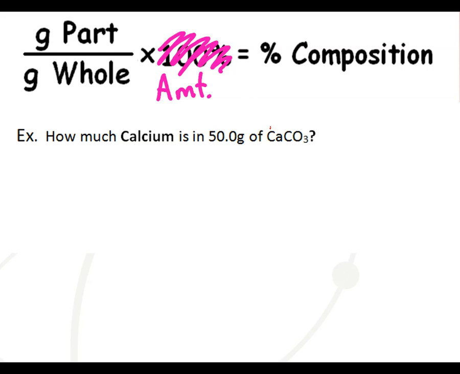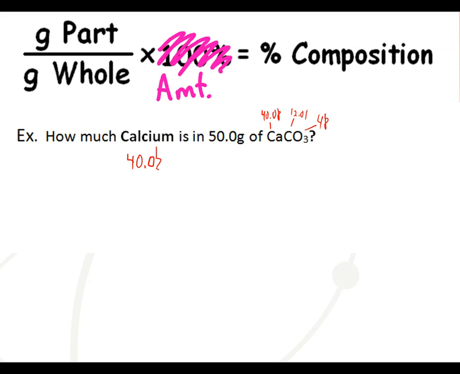So we're going to do what we've been doing. Calcium is 40.08. Carbon is 12.01, and 3 oxygens is 48. Now again, all we care about is the calcium. We don't care about the carbon, we care about the calcium.